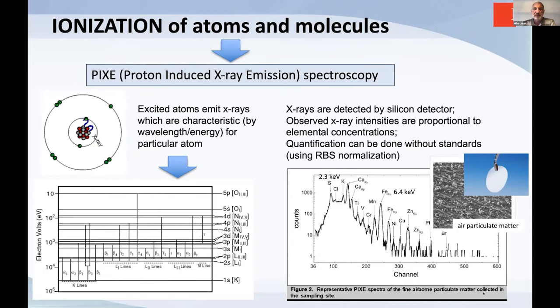There are also possibilities to analyze these X-rays with much better resolution with a crystal spectrometer for fine structure analysis and possibly chemical effect analysis, but we don't have time to speak about that now.